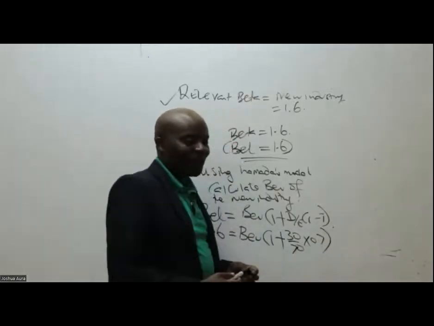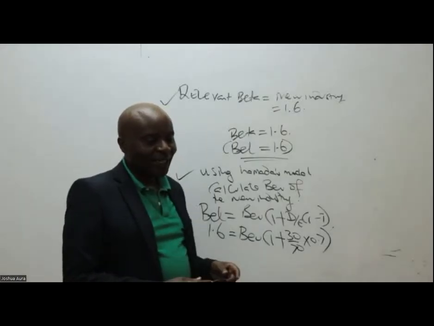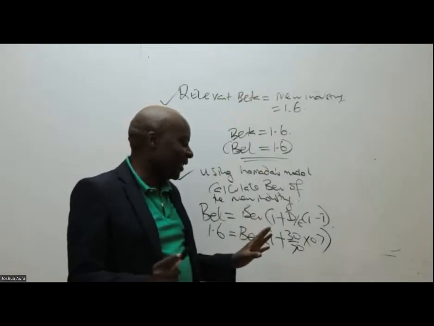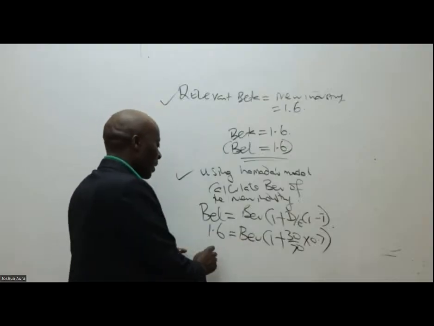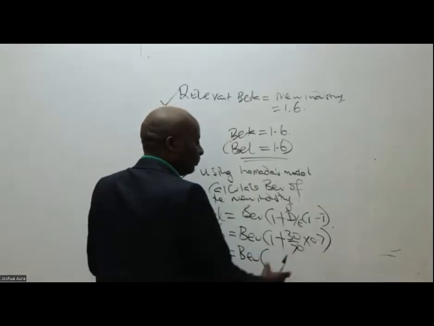Into 1 minus 30%, so 1 minus tax is 0.7. Then could you kindly give me the figure that we have here?